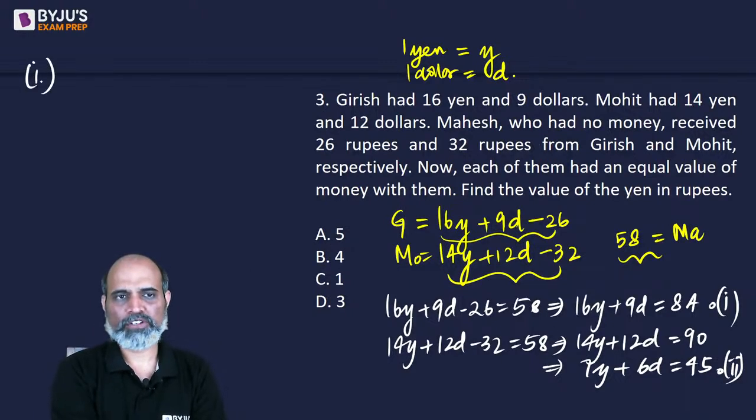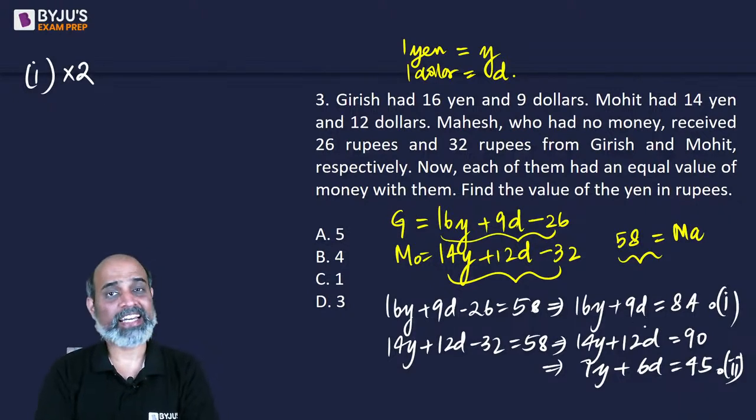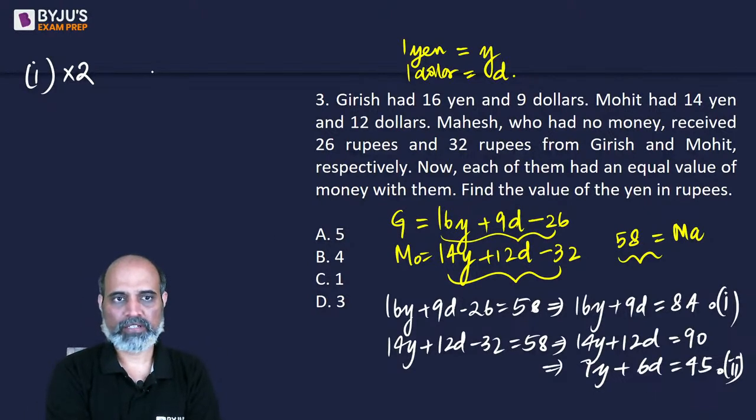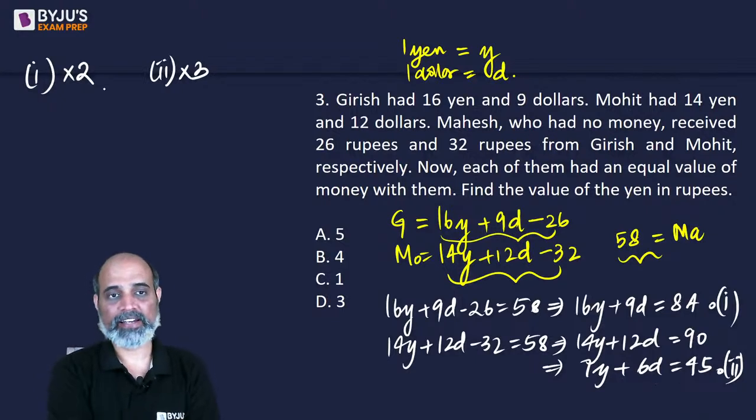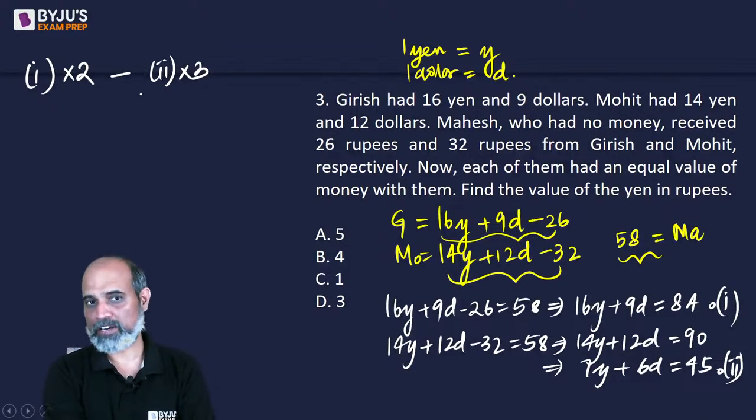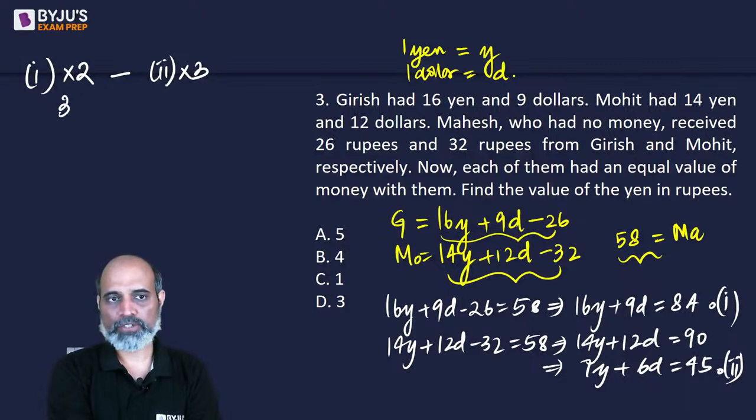We need to find out the value of y. If I look at the first equation and multiply it by 2, I will be getting 18d. And if I look at the second equation and multiply it by 3, I will be getting 18d here as well. So if I want to get rid of d, I'll have to subtract. So 16 into 2, 32y plus 18d is equal to 84 into 2, which is 168.